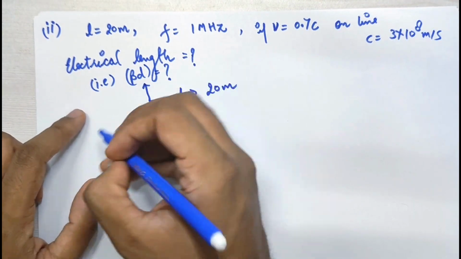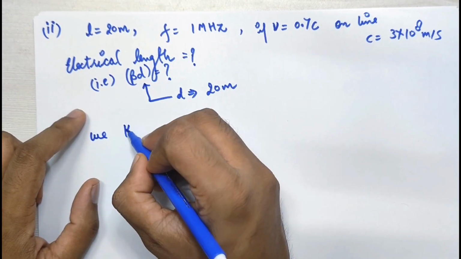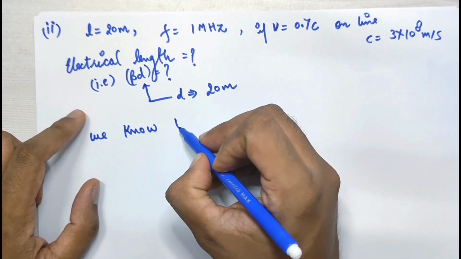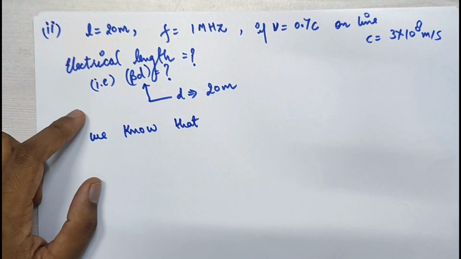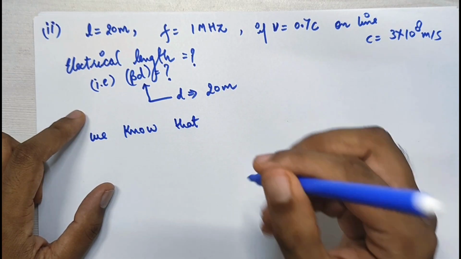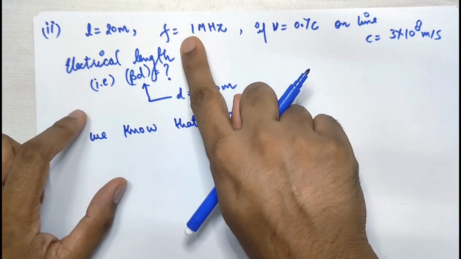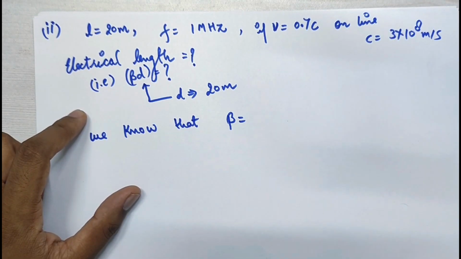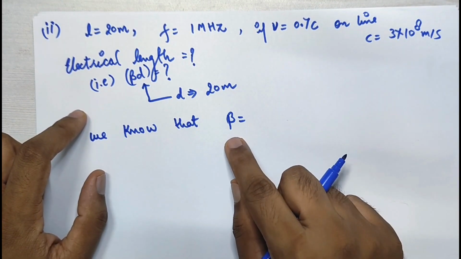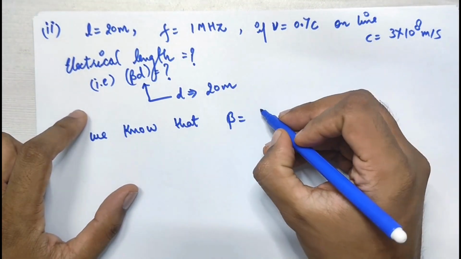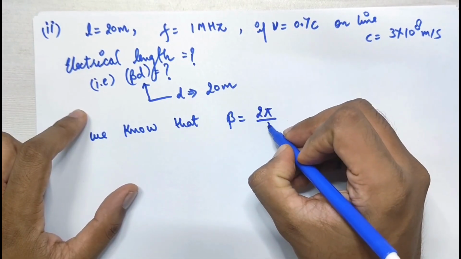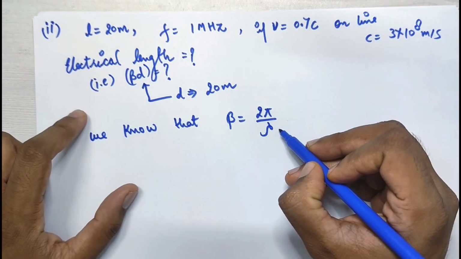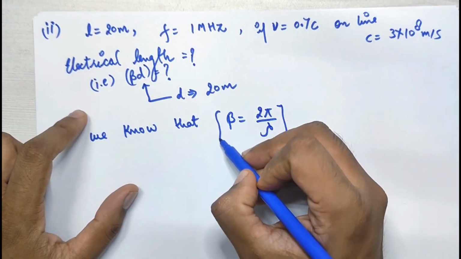We know that frequency is given and mu is given. So we know one relation where we can find lambda, and we know beta in form of lambda, which is 2 pi by lambda, right? Now we need to calculate this lambda.